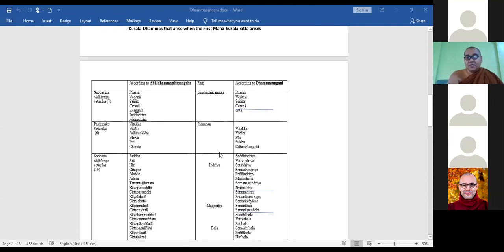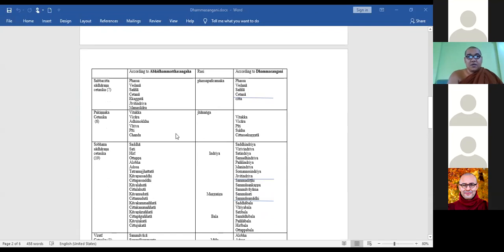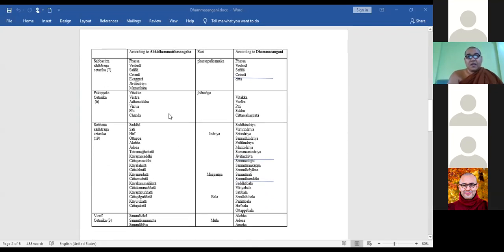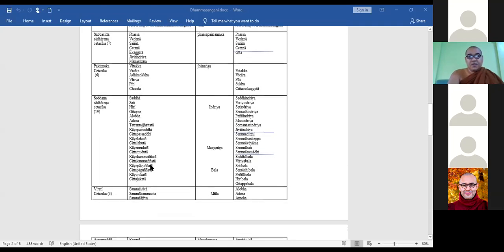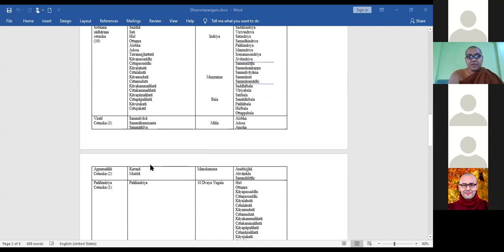So in the Mahakusala Chetas, you can see in the first column, 38 Chitasikas are given here, starting from the Sabbacitta Sadharana, the universal mental concomitants, and also Pakinnaka Chitasikas, the common Chitasikas. Then Sobhana Sadharana Chitasika, the beautiful universal mental concomitants, and then Virati Chitasika, abstinence, Appamanna Chitasika, the measureless mental concomitants, as well as Pannindriya, wisdom or knowledge.